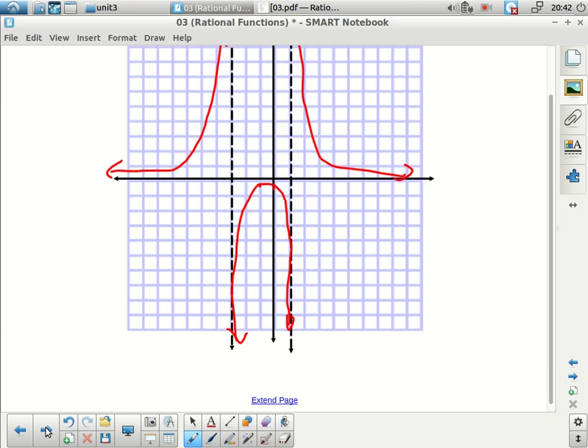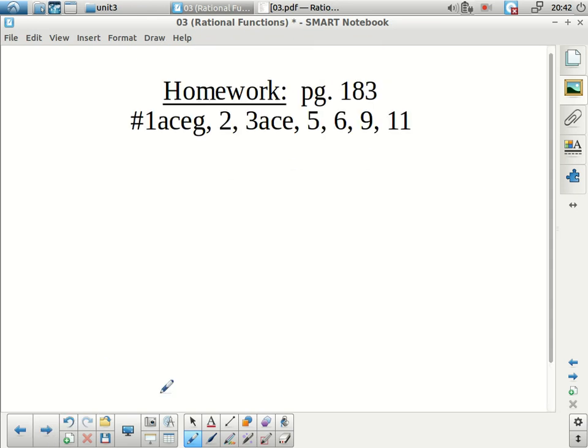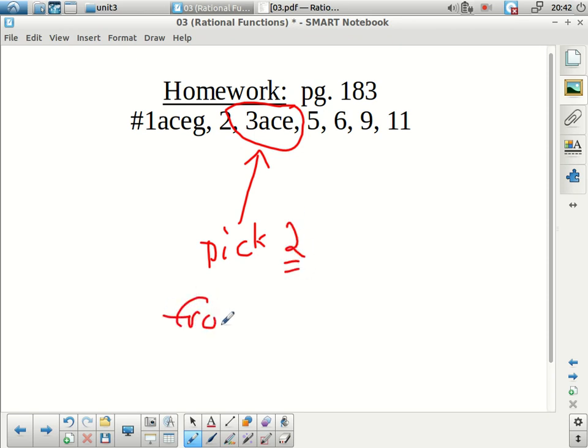So what I want you to do right now is we're going to do the normal procedure. Cards are going to be dealt, and you're going to go to the whiteboards so you can work on this. I'm putting the homework up here, but I just want to highlight number 3. It doesn't have to be A, C, E in your group, and maybe if the class wants to collectively try A first, it doesn't really matter, but I want you to pick 2 questions from number 3.